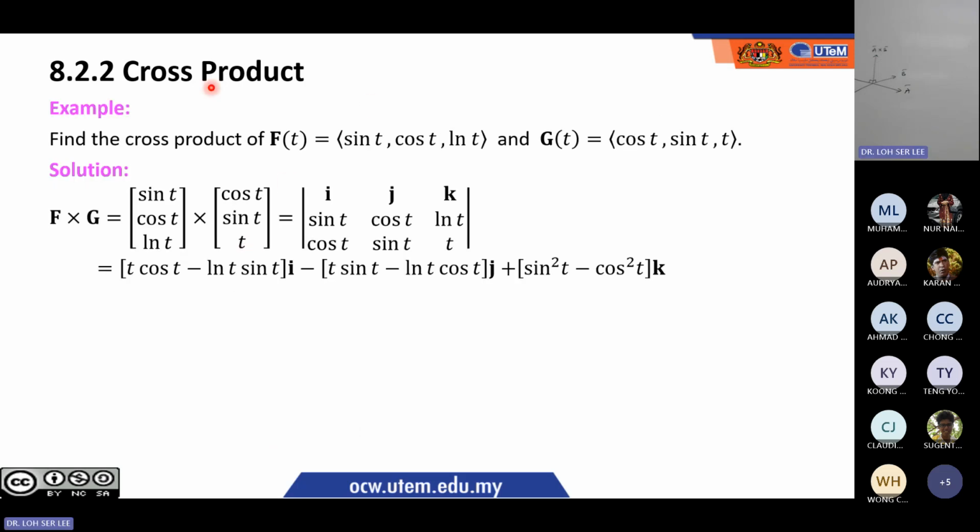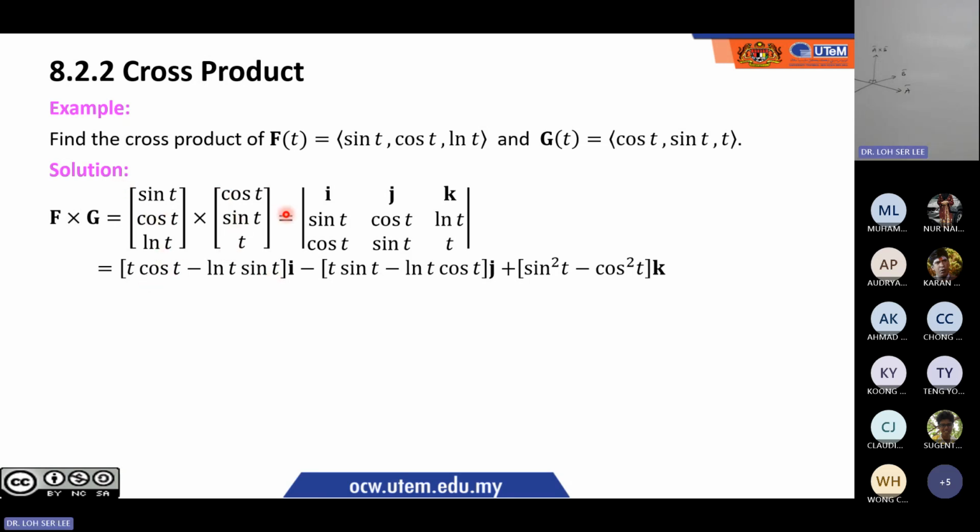Now we look at the first example. Find the cross product of these two, F and G. This one you can either use this way or use this way. This one you use 3 in a group, 3 in a group, and 3 in a group, minus the other direction, and you will get this. Or you use this is your F, and this is your G. Cover the first line, AD minus BC, you get this.